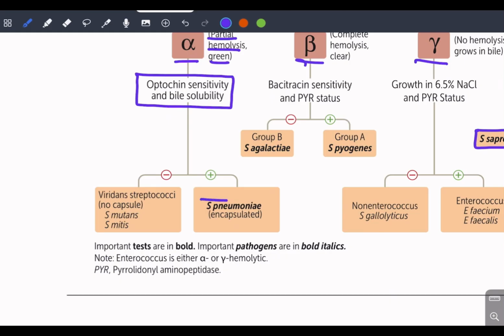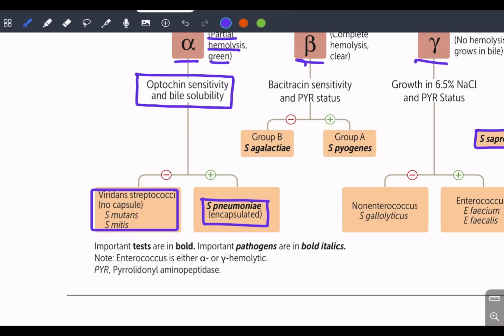This occurs in the case of Streptococcus pneumoniae, which will die in the presence of optochin. And if the bacteria is resistant to optochin, it will survive and will not die. These are examples of bacteria that survive in the presence of optochin and bile solubility.